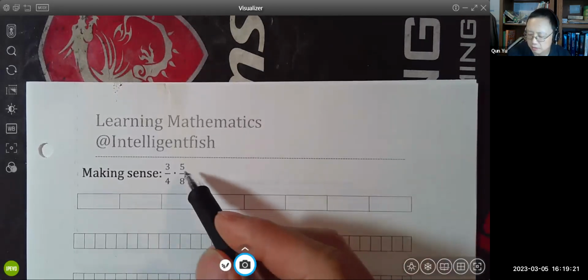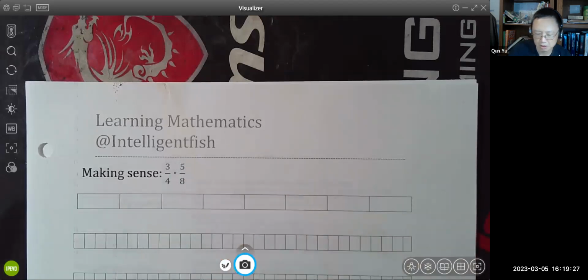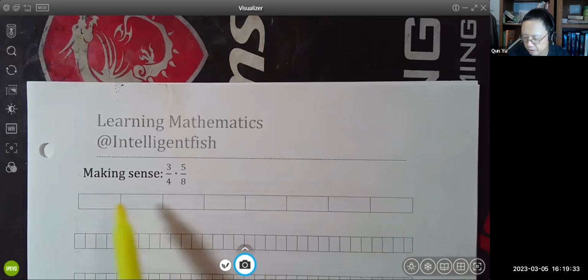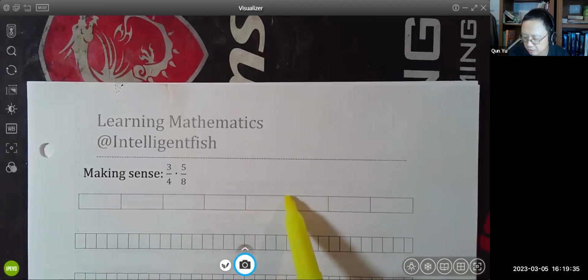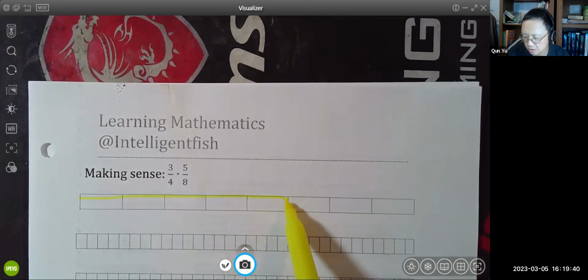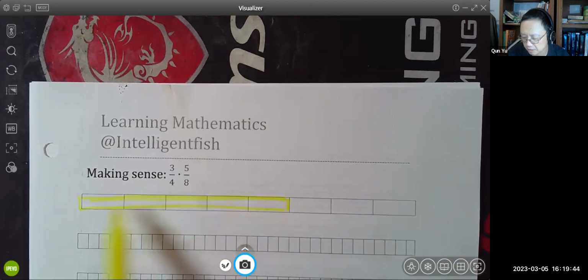First, 5/8 means we divide the whole thing into 8 equal parts, we get 5 of those. Now look at the first one. I divide this whole thing into 8 equal parts, we get 5. 1, 2, 3, 4, 5. So this yellow part represents 5/8, right?